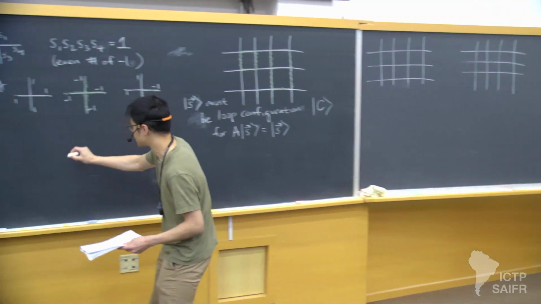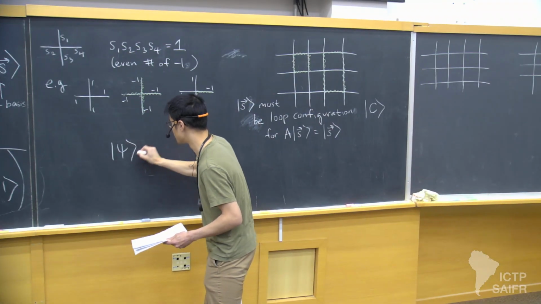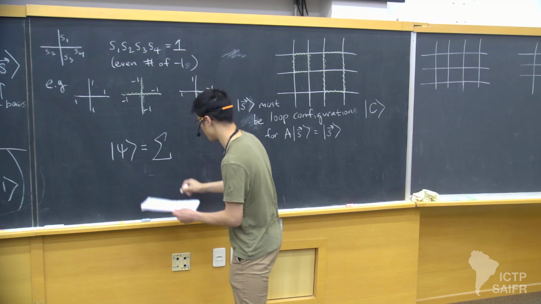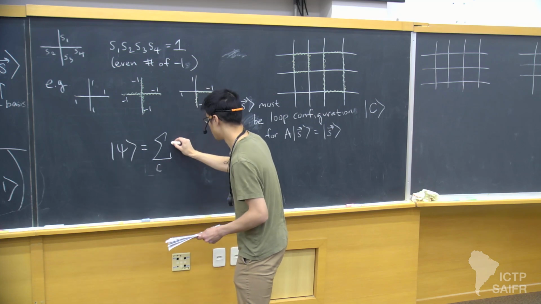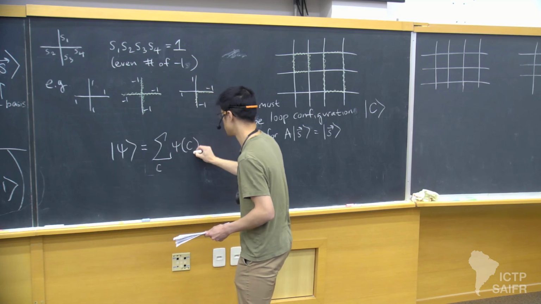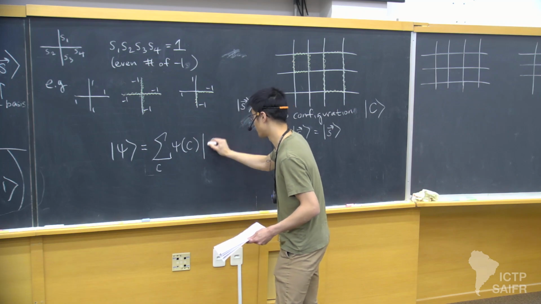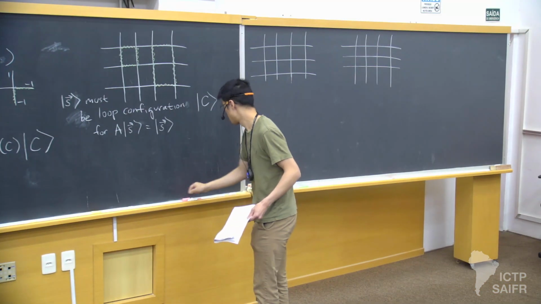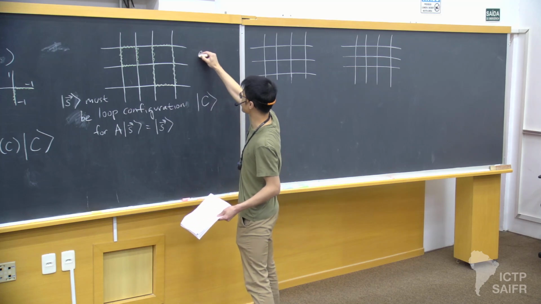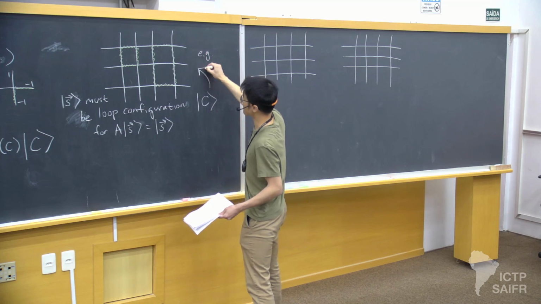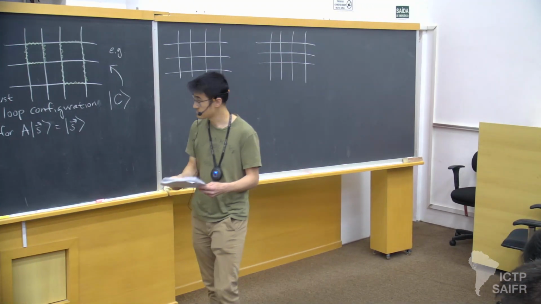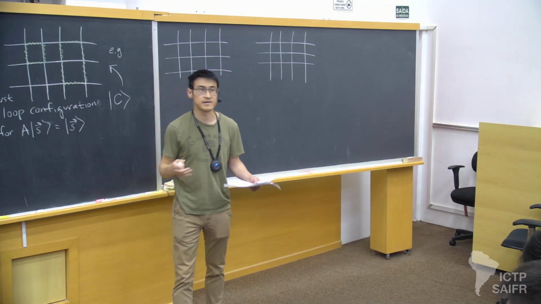Now we see that psi must be a sum over loop configurations C with some amplitude for that loop configuration. So this is an example of a loop configuration. Are there any questions up to this point?